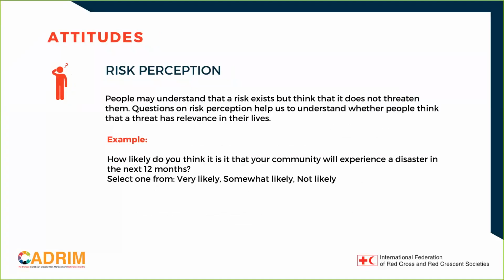So there's a risk of damage to property as a result of a particular hazard or natural disaster, but they may not think that it threatens them. So questions on risk perception help us to understand whether people think that this threat has any particular relevance in their lives and what's the level of threat that they think it has.